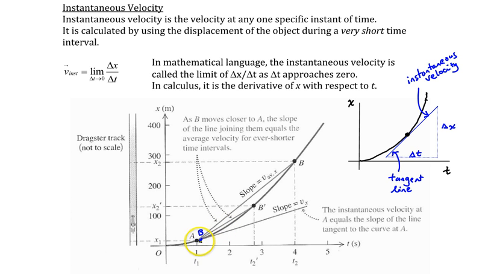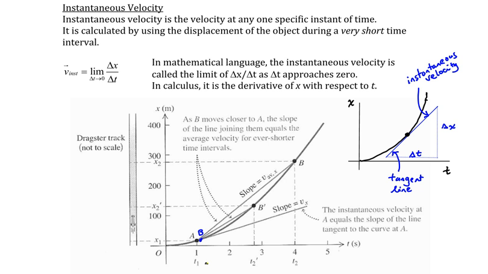So this little tiny triangle that I would draw here has a very tiny time interval. The instantaneous velocity at this particular time t sub 1 is the average velocity over this tiny time interval delta t centered right at that point t1.